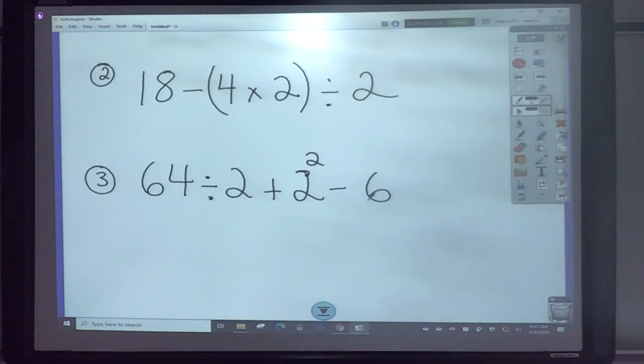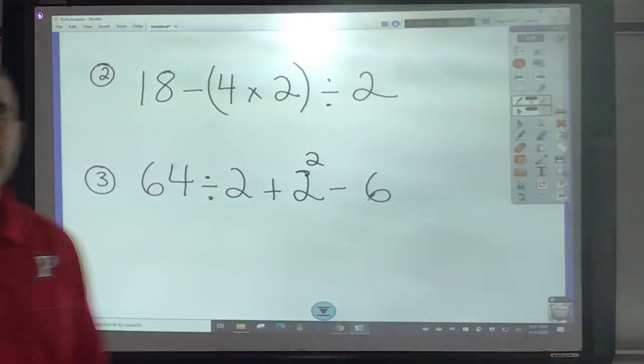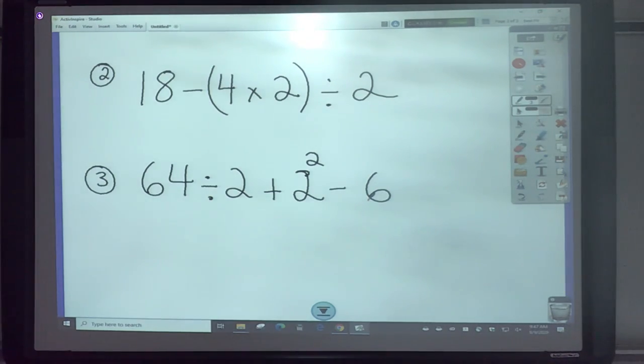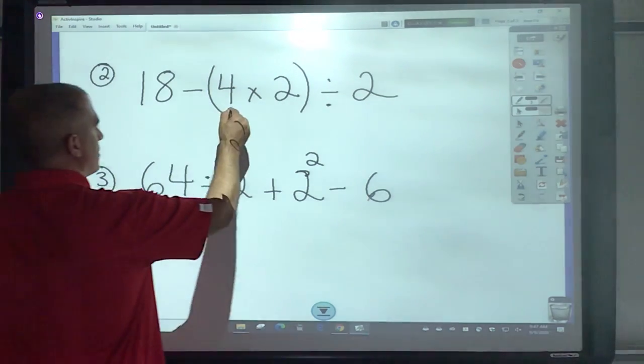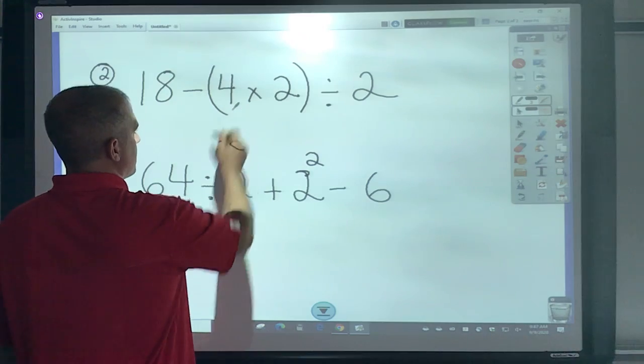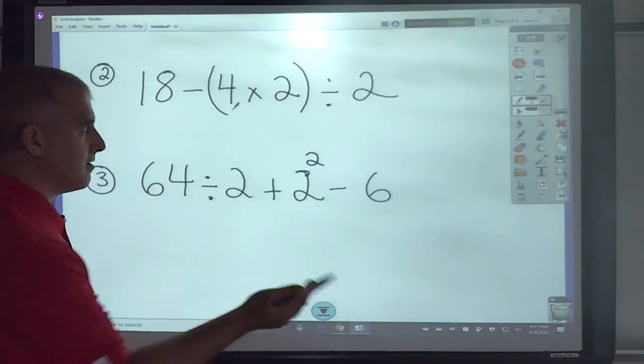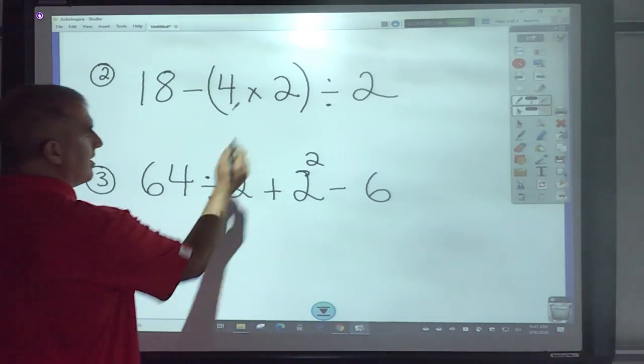And copy that one down. Okay, now, if I was applying order of operations, if you haven't copied that down, you can pause your video and copy it down, and then when you're ready, go ahead and start.